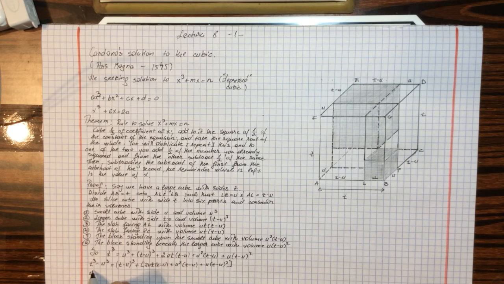So leave the left hand side alone, and we have t minus u to the third plus, pulling out a t minus u factor from here, t minus u, and I will have left 2ut plus u squared, plus here I'll have t minus u, only one factor of it.